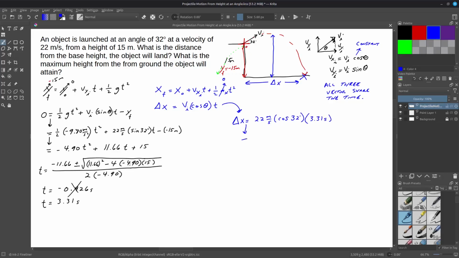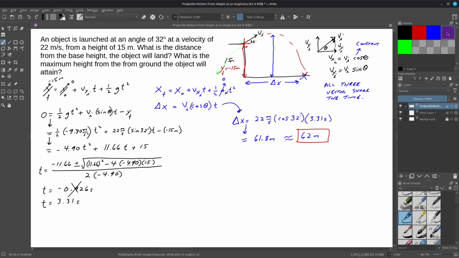That's going to give us 61.8 meters. Well, that's approximately 62 meters. Therefore, that to 2 sig figs is our answer. That's the distance from the base.